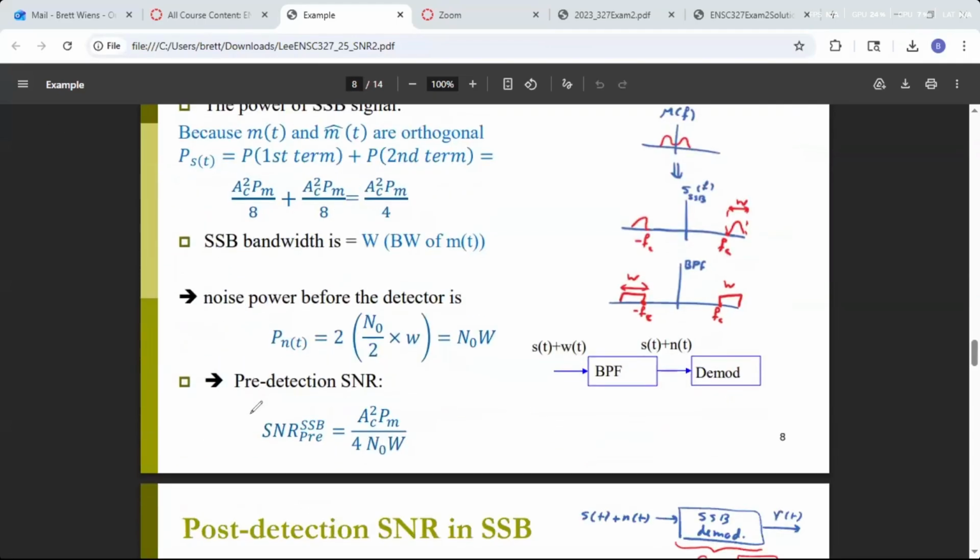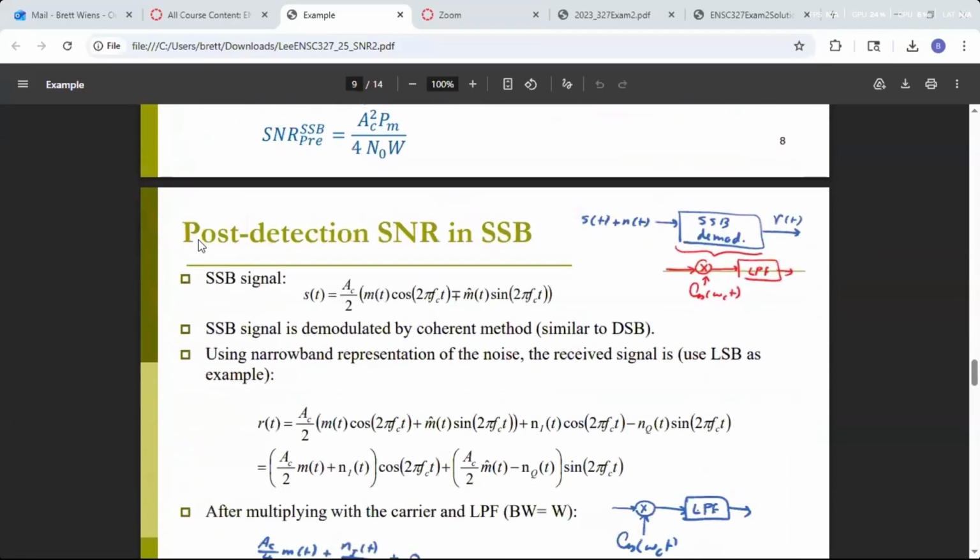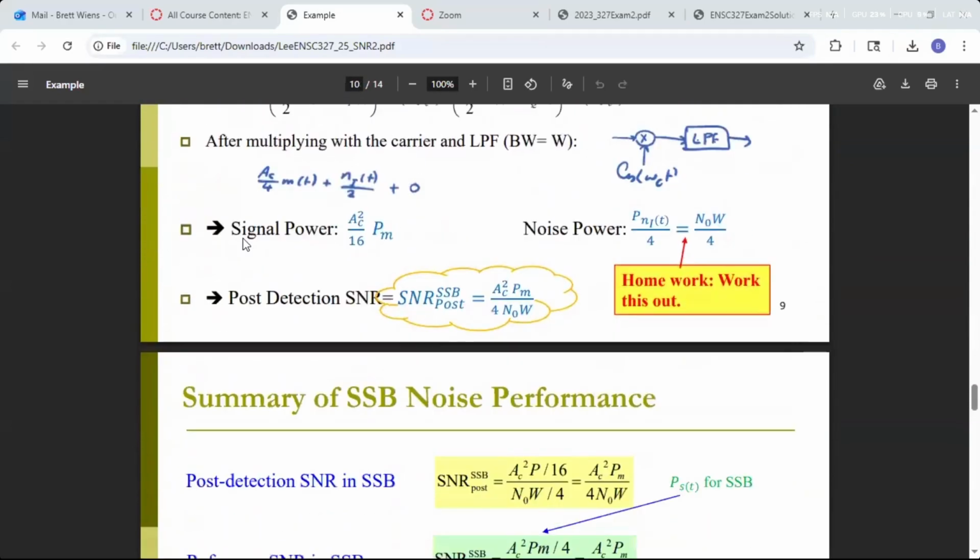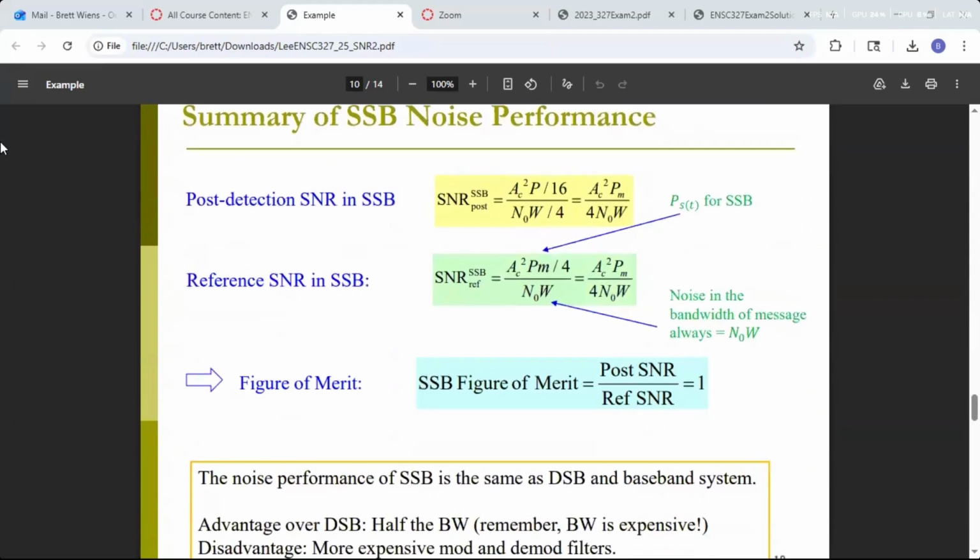So after all the derivation, we get this single sideband pre-detection SNR is just here. Notice again the factors. We don't have an A_C squared over 2 here, but we do have a 4 here instead of a 2. Keep in mind that's the main difference between the SNRs for all of these AM modulations, these small factors. So just try to make sure you get it right. Post-detection SNR after that, and then our figure of merit just like this.